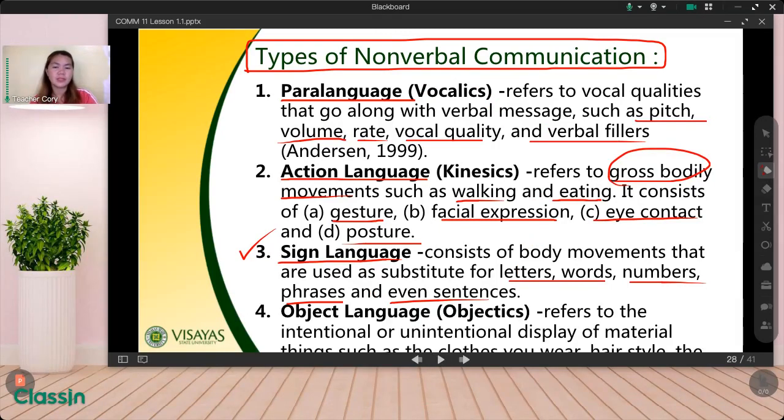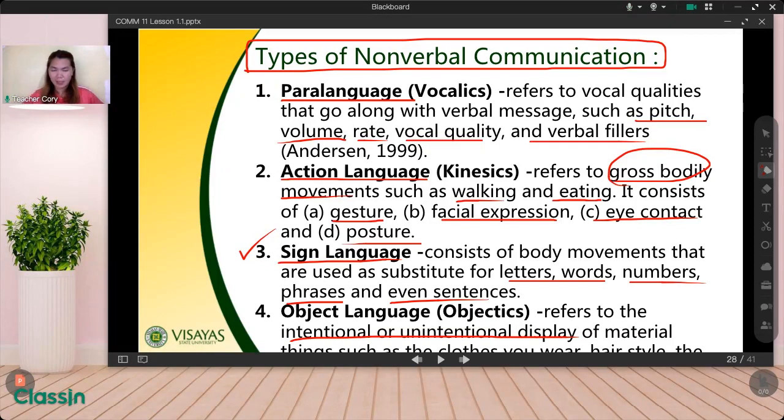Next, we have object language. There's also what we call objectics. Objectics refers to the intentional or unintentional display of material things, such as the clothes that we wear, our hairstyle. So our accessories, that's objectics. The decoration of a room, our jewelry, our implements, our machines, human body.